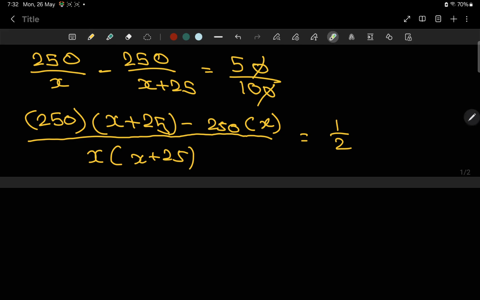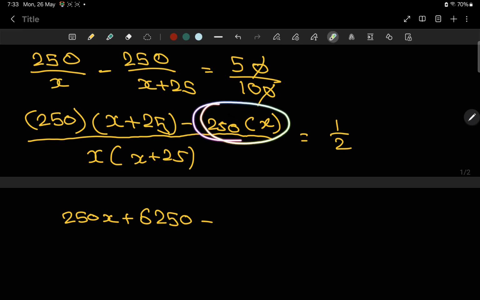We should multiply 250 with x plus 25. So it will be 250x plus, what is 250 into 25? It's 6250. So plus 6250 minus, now we have to multiply 250 and x. So what is 250 into x?